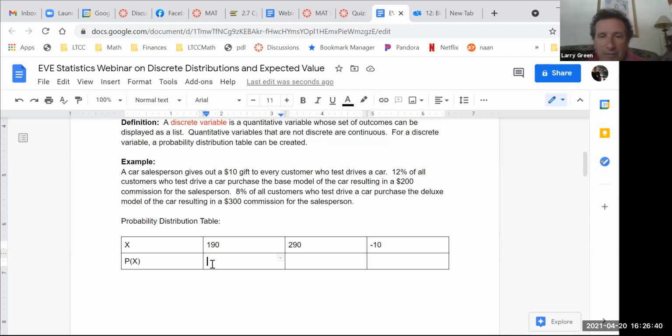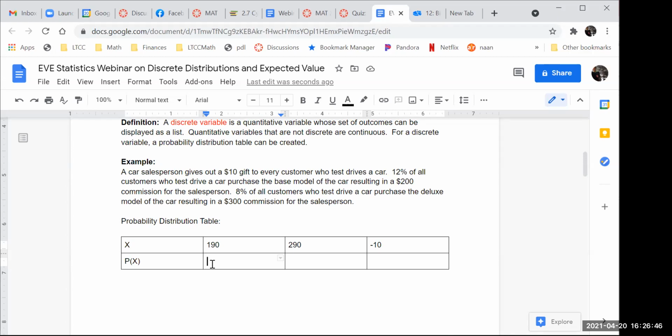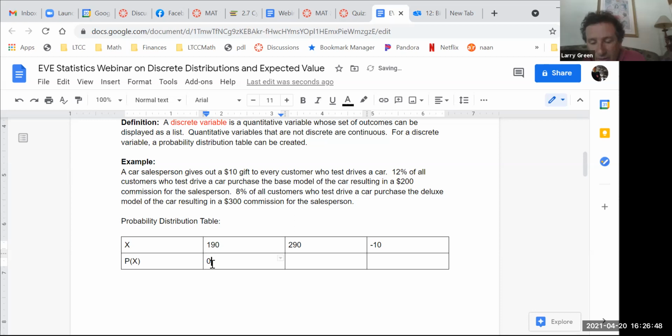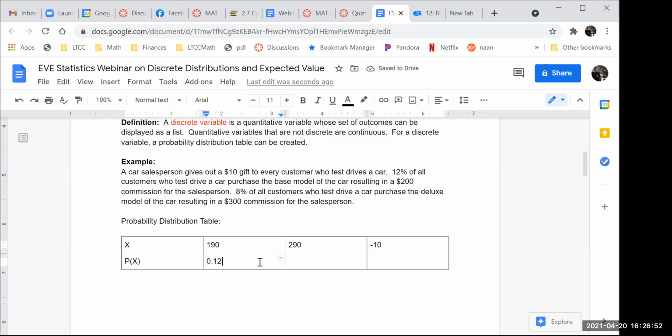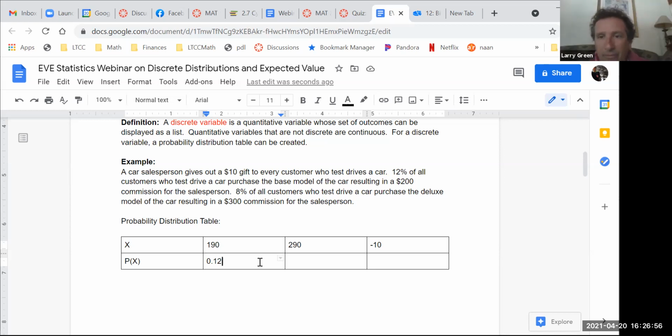It's basically written in the problem. 12 over 100. I like to write as decimals, which is 0.12. And the reason I like decimals is that's how we're going to write it in the calculator. So it's better not to write as a fraction if you don't have to for these probabilities.